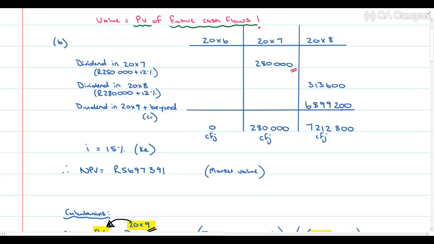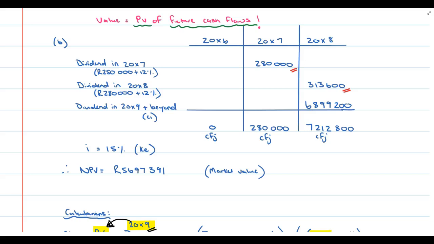In 20x8, they'll receive a dividend of 313,600 Rand. Then after that, dividends are going to increase by 10% per annum, and that's going to continue in perpetuity, so indefinitely, forever. The dividend will keep increasing by 10% per annum, and they will keep receiving that indefinitely.